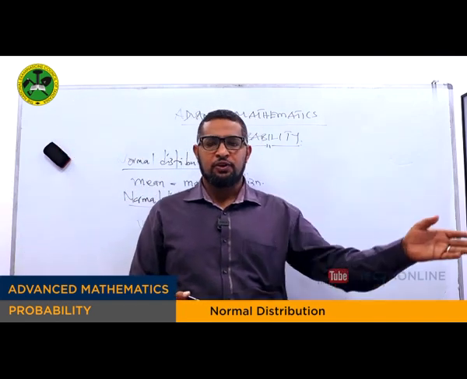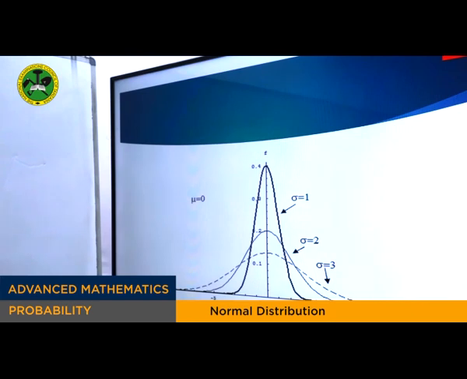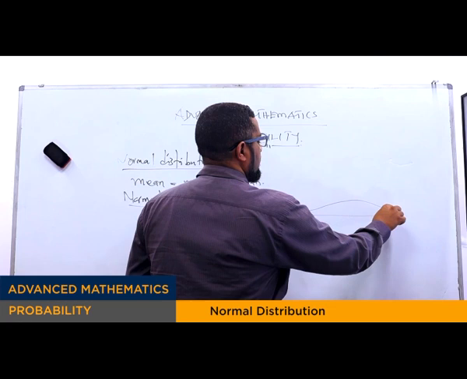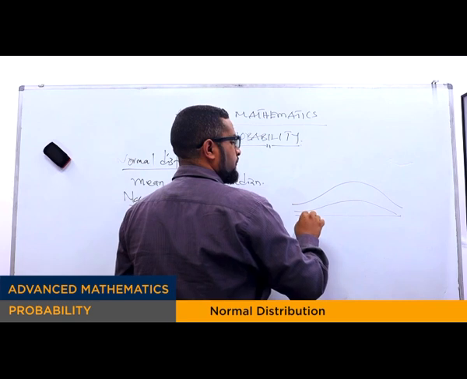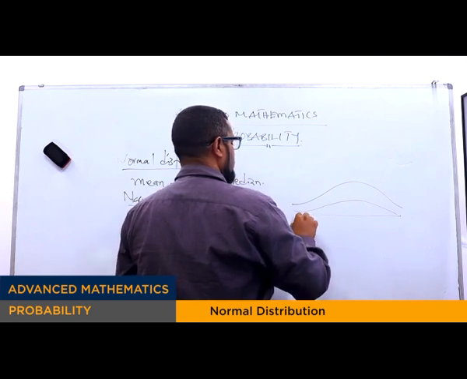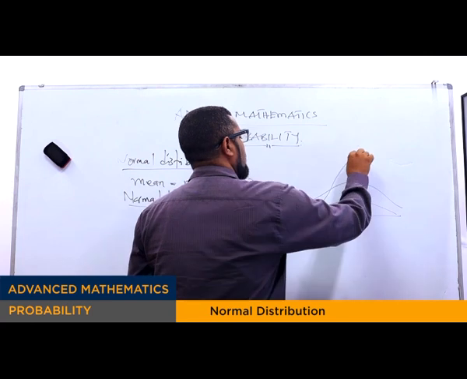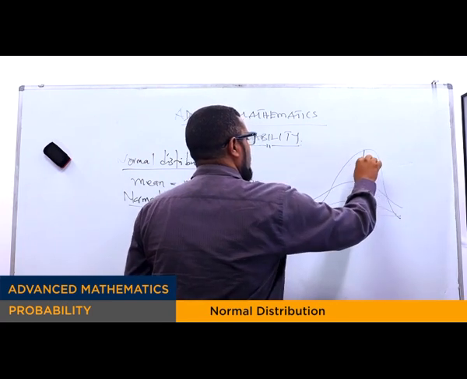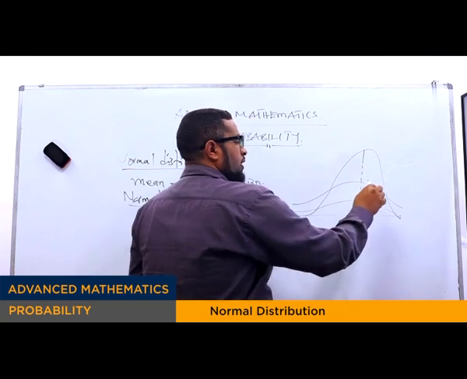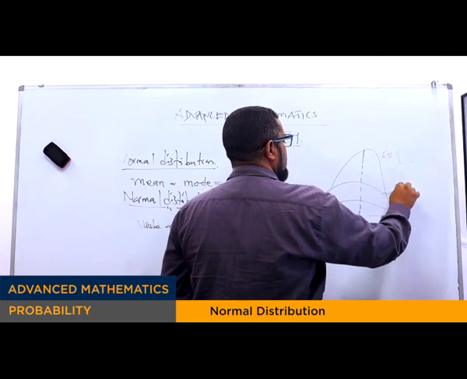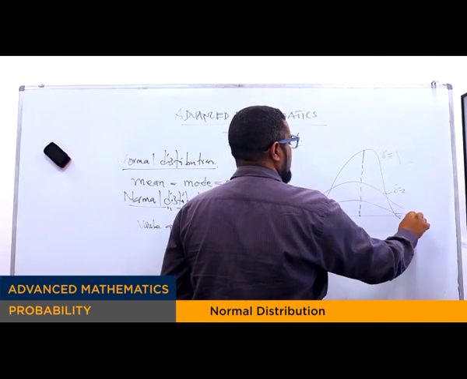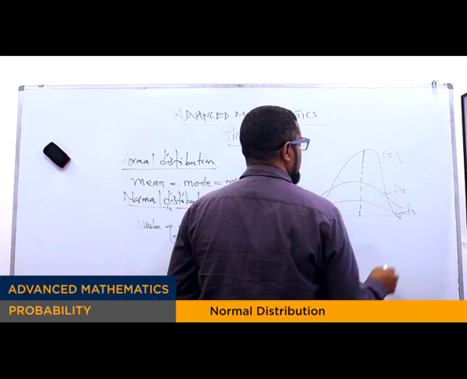Now if you see here, we have a curve. Our curve here contains 3 different curves. Let's take number 1, number 2, number 3. Number 1 has a standard deviation of 1, number 2 has standard deviation 2, and the last one, standard deviation 3.